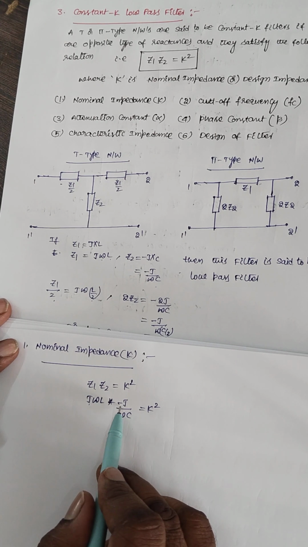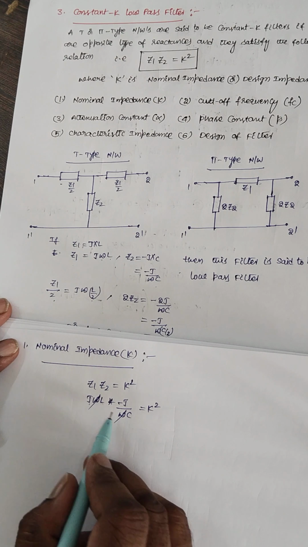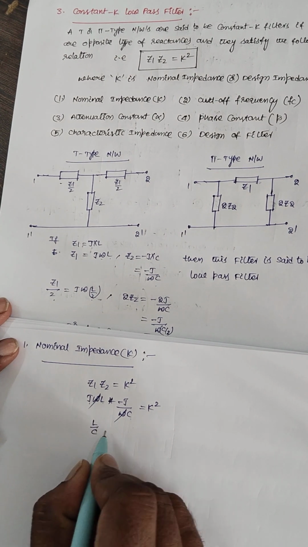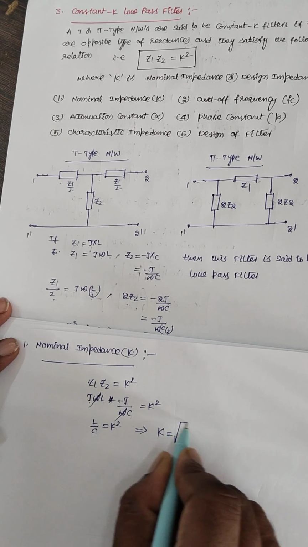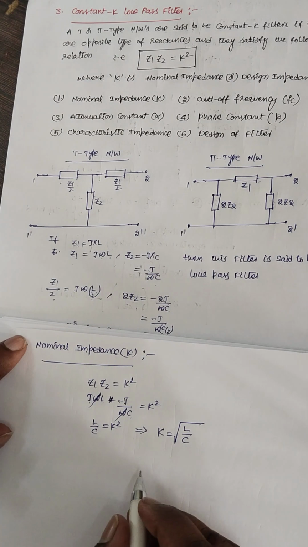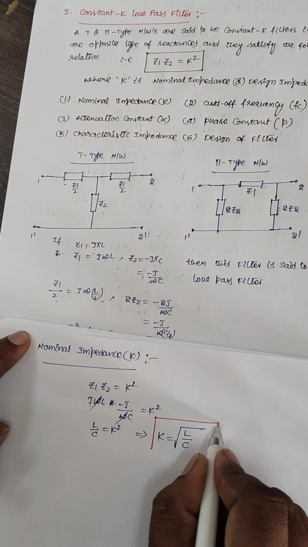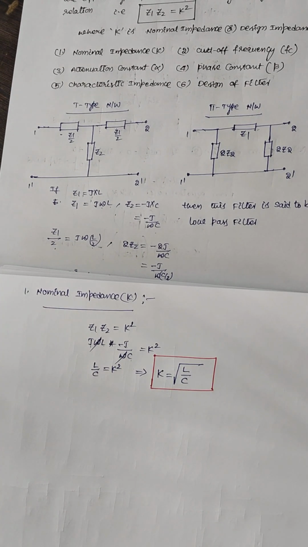Minus 1 into minus 1 is plus 1. So this omega and this omega will get cancelled here. So L by C is equal to K square. So from this, K is equal to square root of L by C. So this is the expression for finding the nominal impedance of a low pass filter.